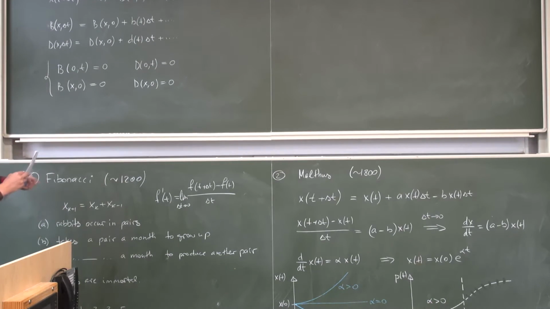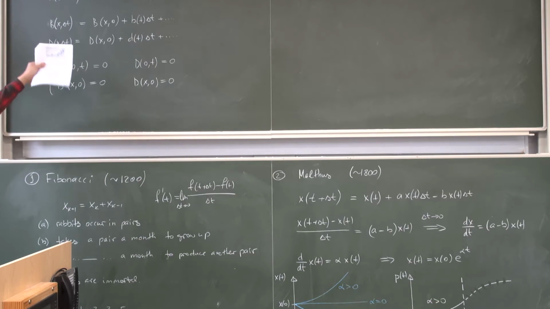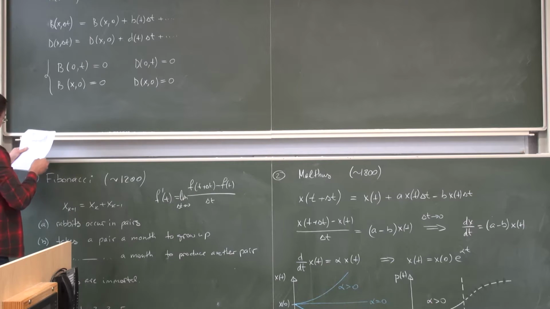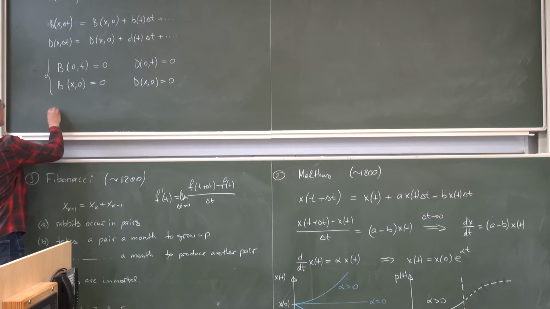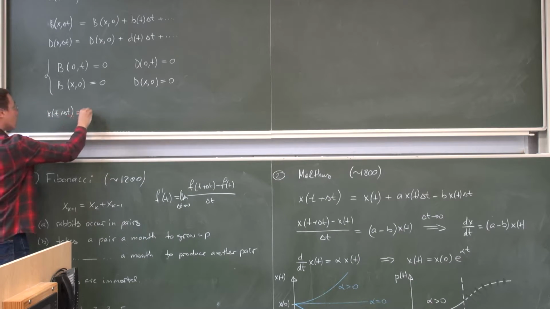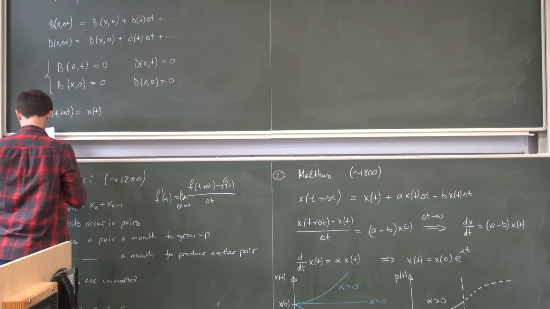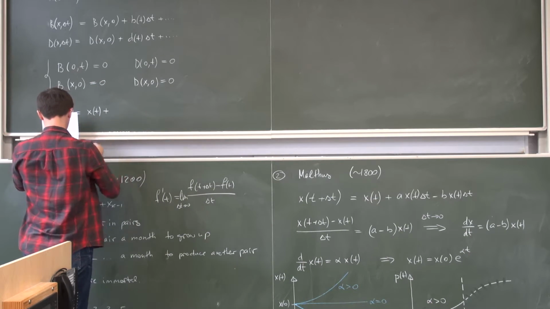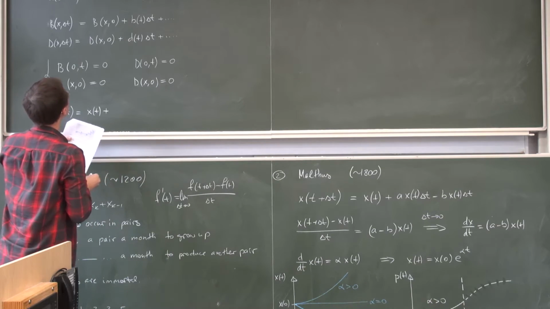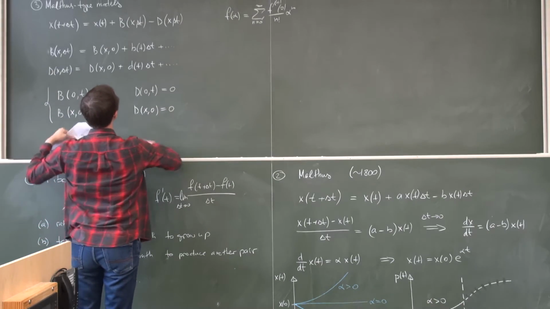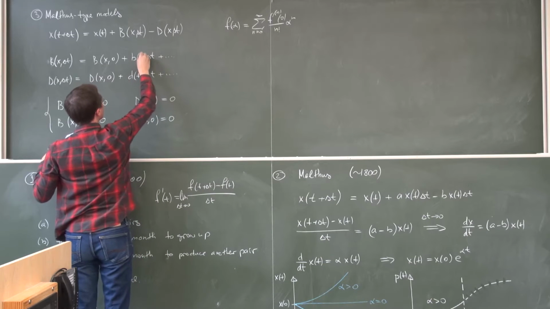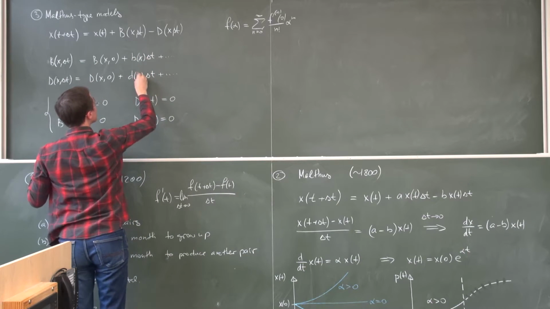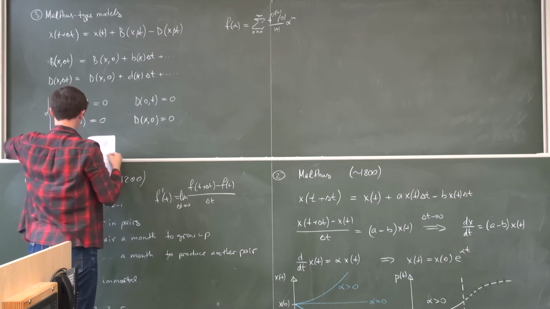Okay, let's plug all of that in and do the simplifications. Then we have x of t plus delta t. We will have x of t plus this b of x that we have there. Actually, it shouldn't be t, it should be x in here, because time is set to just fixed.